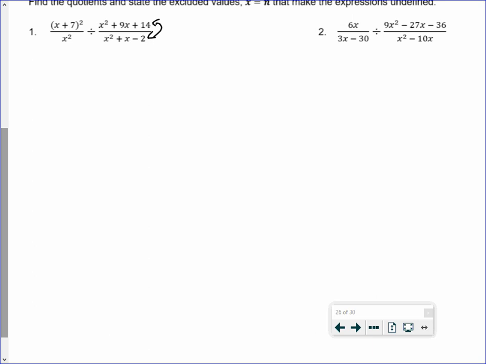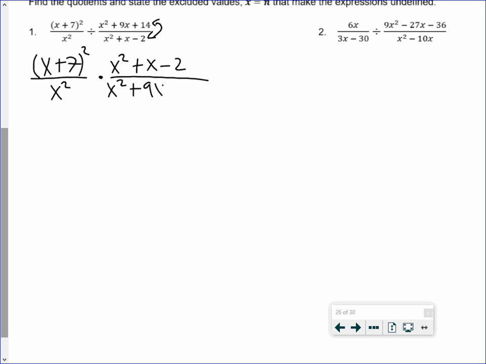So if we rewrite this as a multiplication problem, we get (x plus 7) squared over x squared, multiplied now instead of divided by (x squared plus x minus 2) over (x squared plus 9x plus 14). We're just flipping the second fraction and changing the division into a multiplication problem.